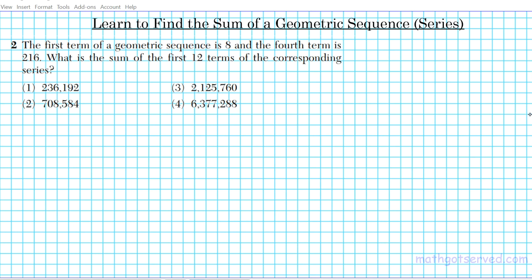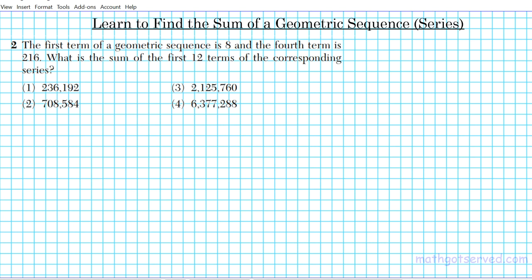Alright, so let's go ahead and get started. We're looking for the sum of a geometric sequence, or a geometric series. So let's write down the formula that's going to guide our problem solving process.